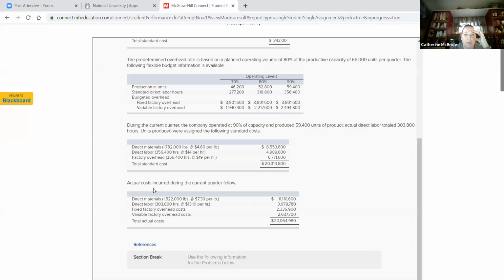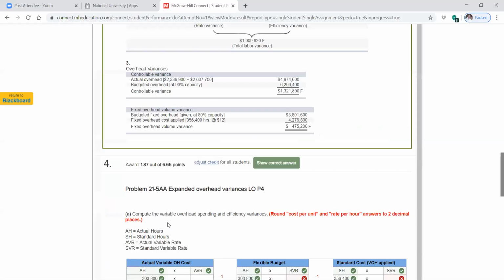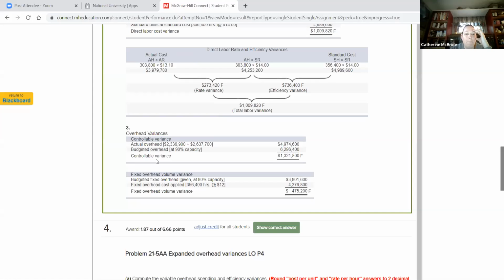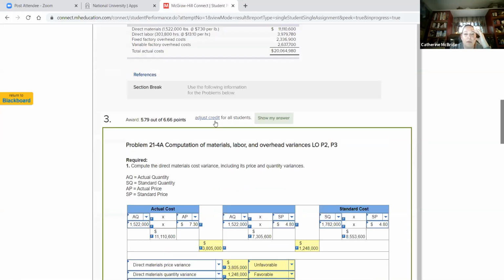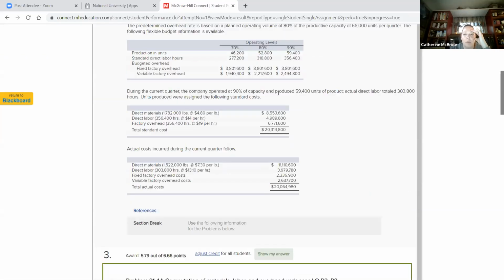Actual. Budget, actual. Oh, that's cool. It scrolls all the way down. Actual.